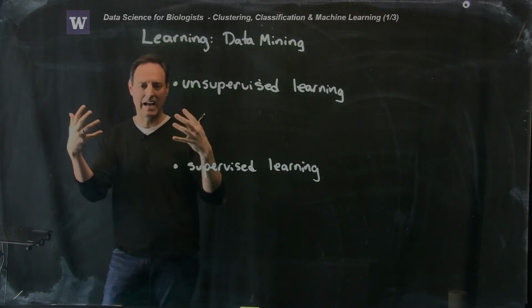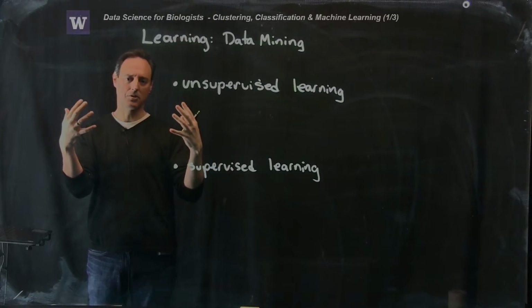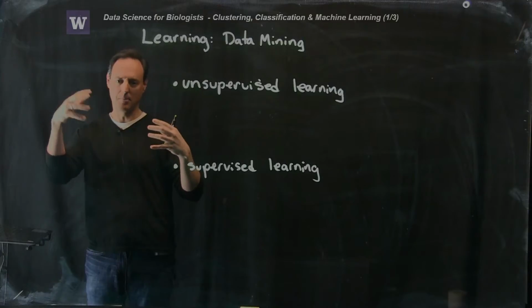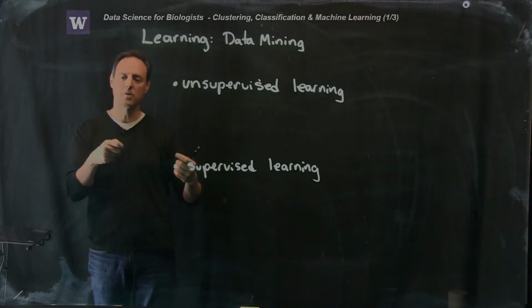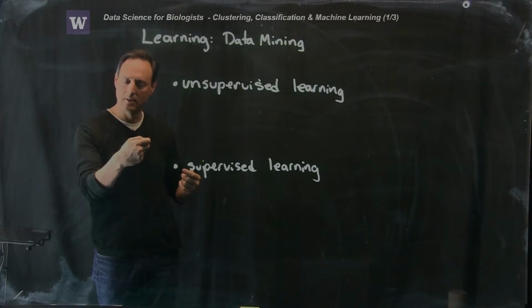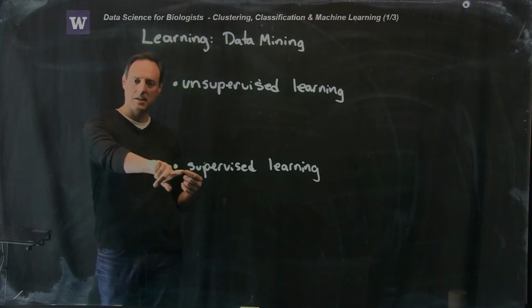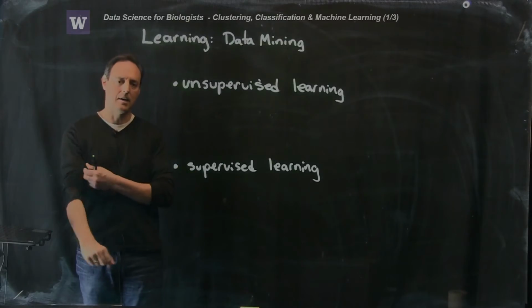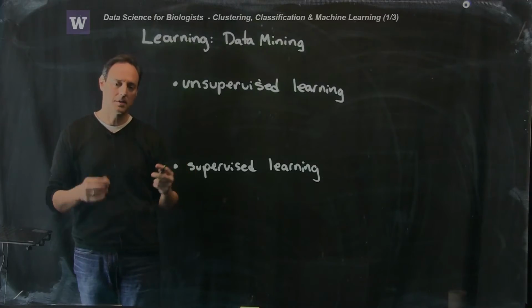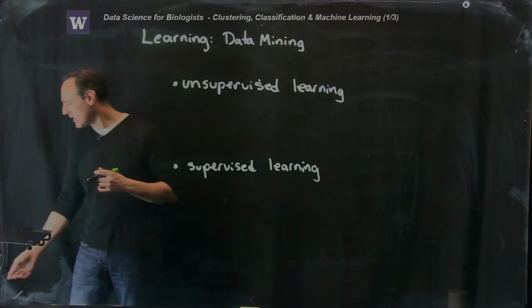Let's say I have 100 dog pictures and 100 cat pictures. I'd like to do a training algorithm so that if I give you a new picture of a dog or cat, your computer could classify it as a dog or a cat. That's the idea of supervised learning: you label data ahead of time so that you can make future decisions based upon that learning process.